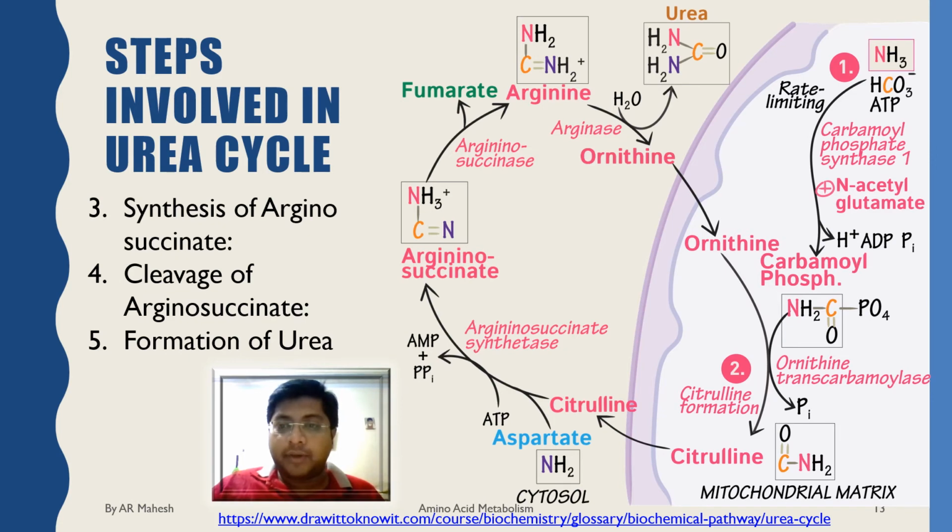The conversion of ammonia to carbamoyl phosphate by carbamoyl phosphate synthetase 1, and the conversion of carbamoyl phosphate to citrulline with the help of ornithine, these initial two steps take place in the mitochondria.